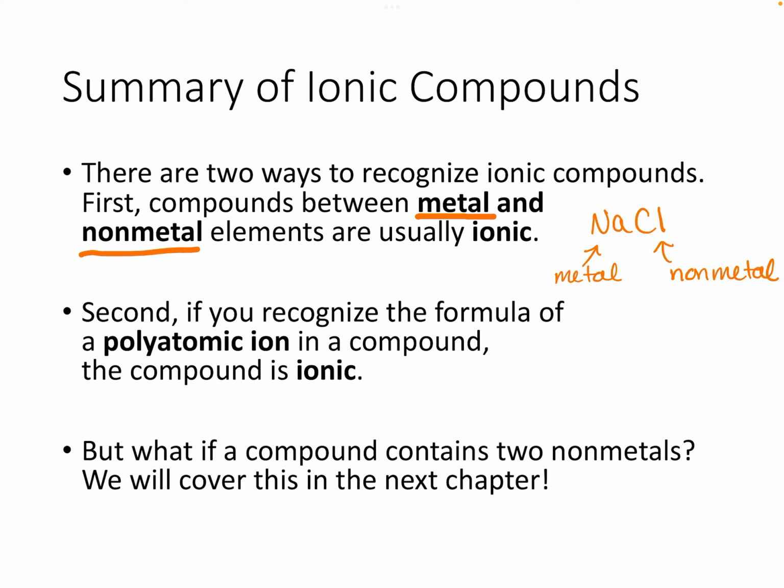The second way to recognize an ionic compound is if you recognize a polyatomic ion in the compound. So for example, let's say we had sodium bonded to nitrate, NO3. This is a polyatomic ion, so that's another way to recognize that you have an ionic compound.